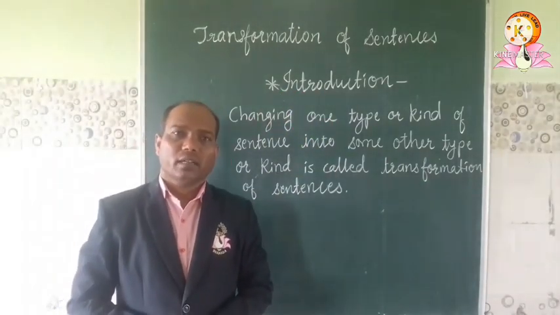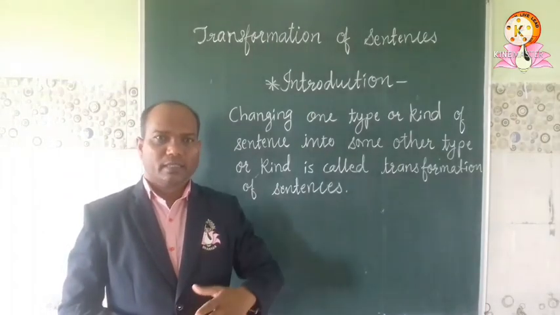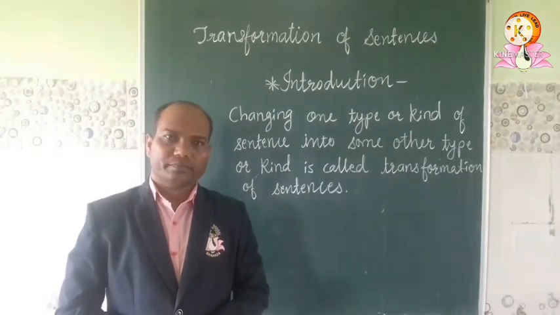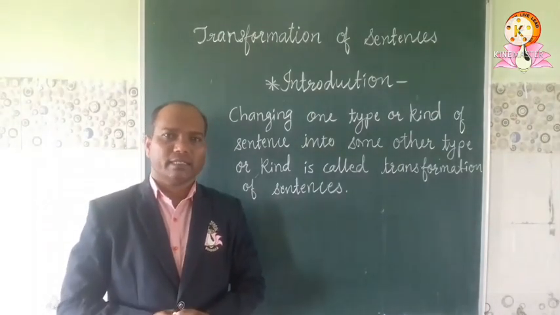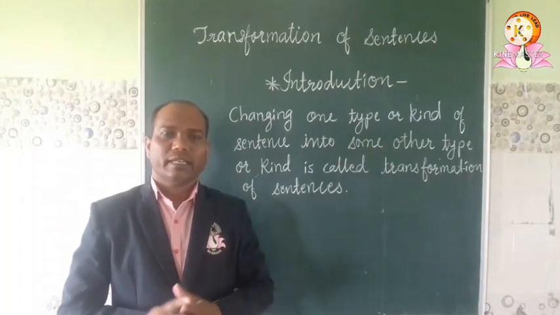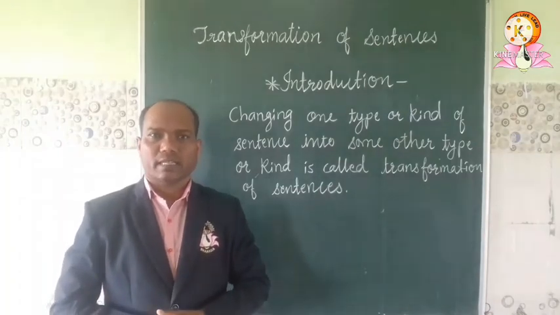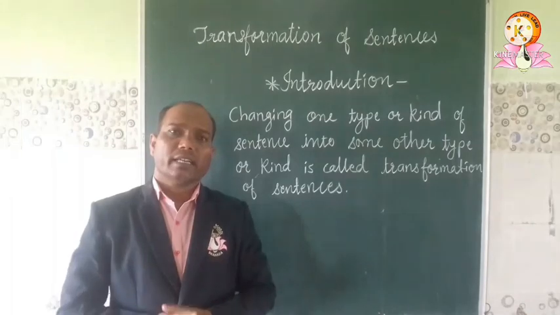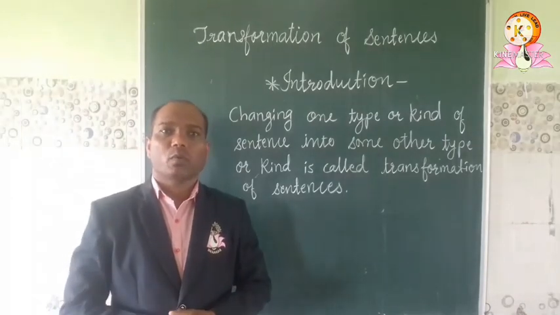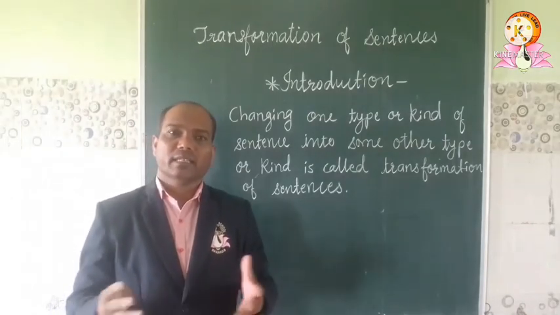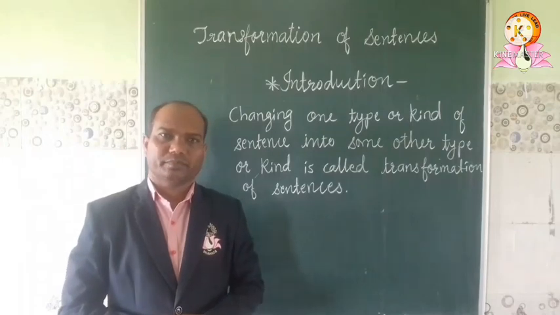Dear friends, we have studied in the previous chapter what is meant by sentence and the different kinds of sentence. A sentence is a group of words that makes sense.